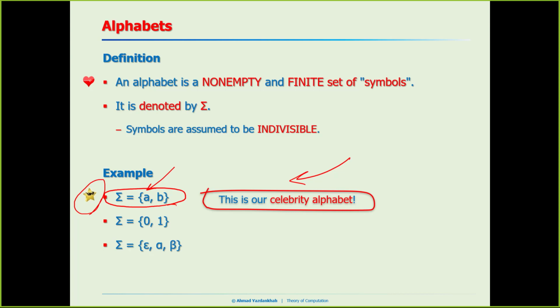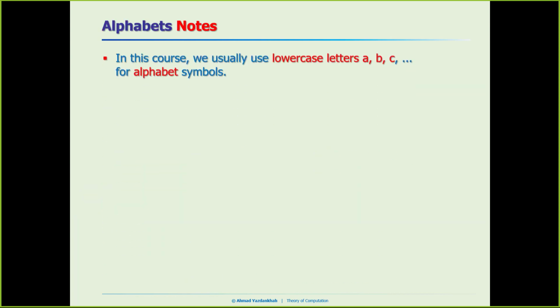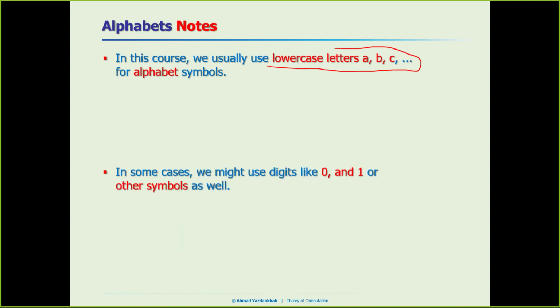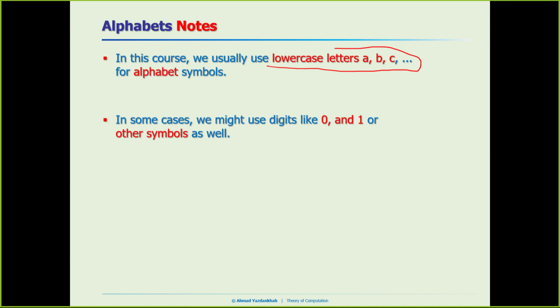Let me give you some notes. Usually we use lowercase English letters like A, B, C for alphabets. Sometimes we use numbers like 0 and 1, but the majority of the time, as I said, we will be using this kind of symbol. Let me ask a question. Is this a suitable thing for being an alphabet?